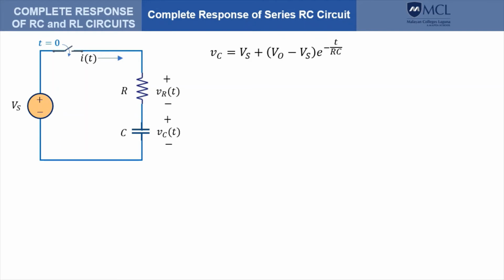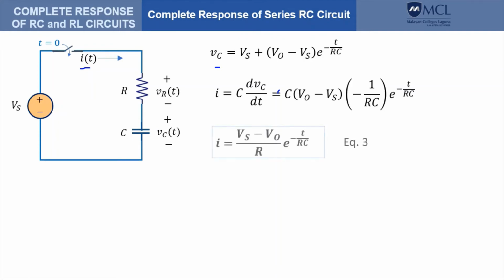We can determine the current through the capacitor, which is this current also. From the relationship given by this equation, we can get the derivative of v sub c, and that will give us a current that is shown by equation 3.